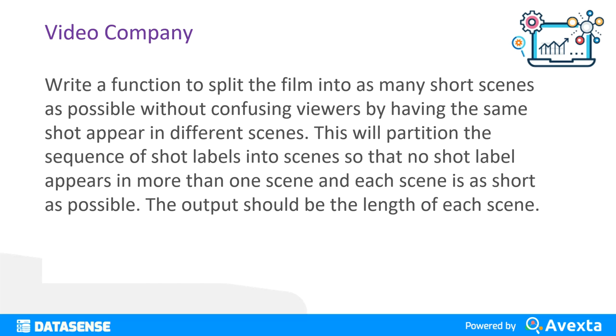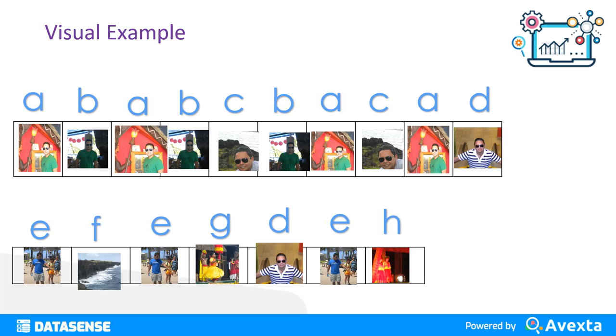What they want is for you to segregate the scenes so that if you have a shot that is duplicated, it stays in the first segment of the scene. So basically you want to segment this array and then count how many shots are in each segment so that there is no duplication. So let's take a look visually, okay?